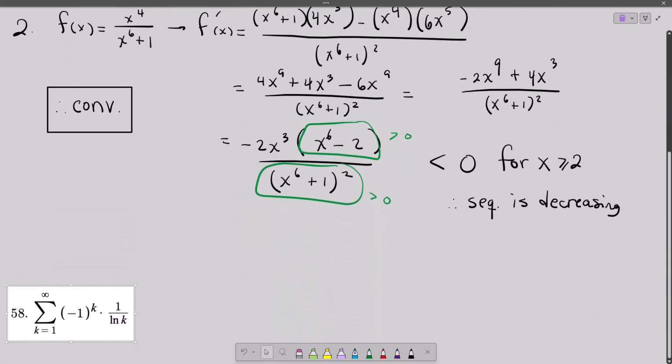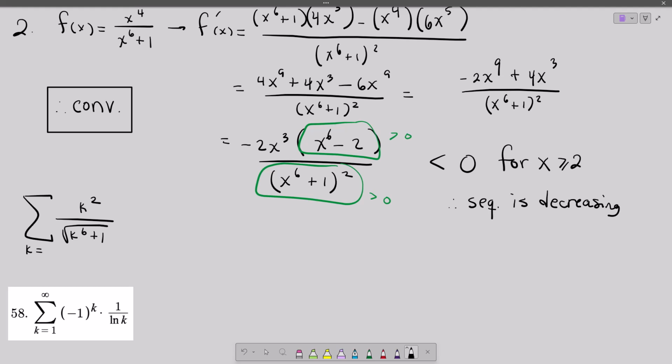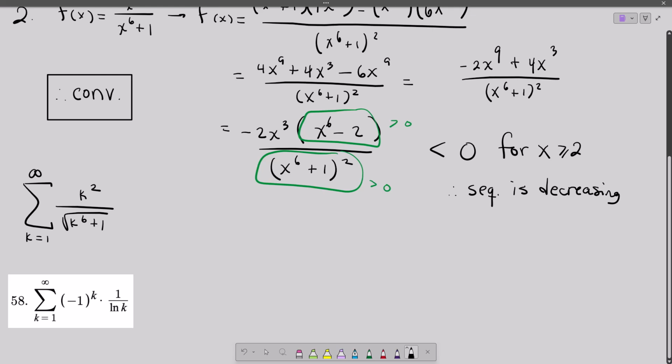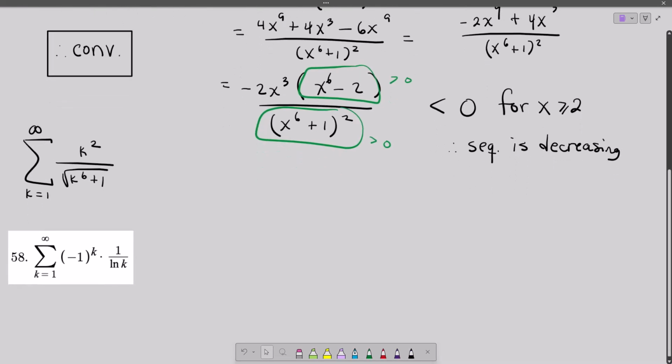So it's k squared divided by the square root of k to the 6 plus 1, with k starting at 1, I believe. Now we have to decide if that series converges. If that series converges, then we have absolute convergence. If that series diverges, we have conditional convergence.